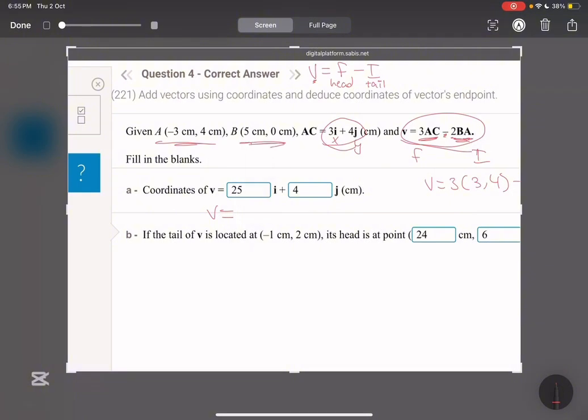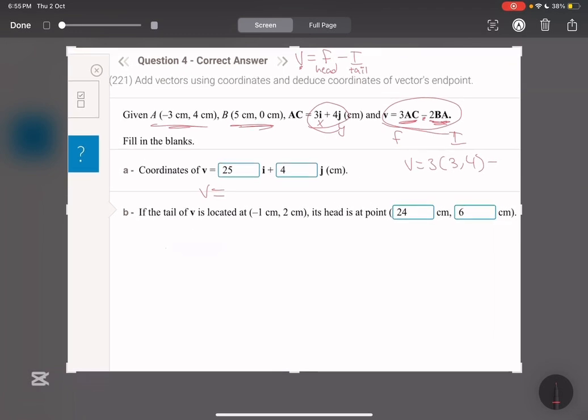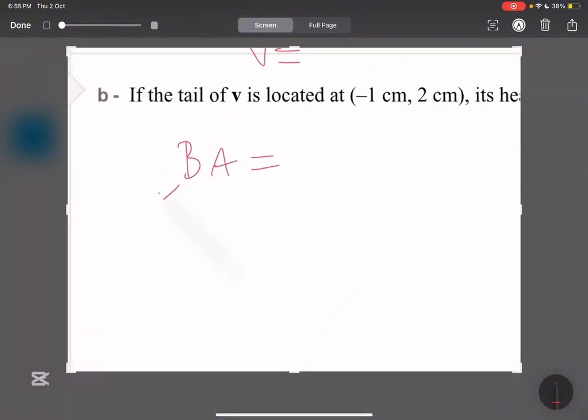So the way that we're going to find BA is a vector, right? So it's going to be BA, and we're going to use this equation that I wrote at the top. BA is equal, okay, B is the initial, which is the tail, and A is the final, because it starts at B and it ends in A, which is the head.